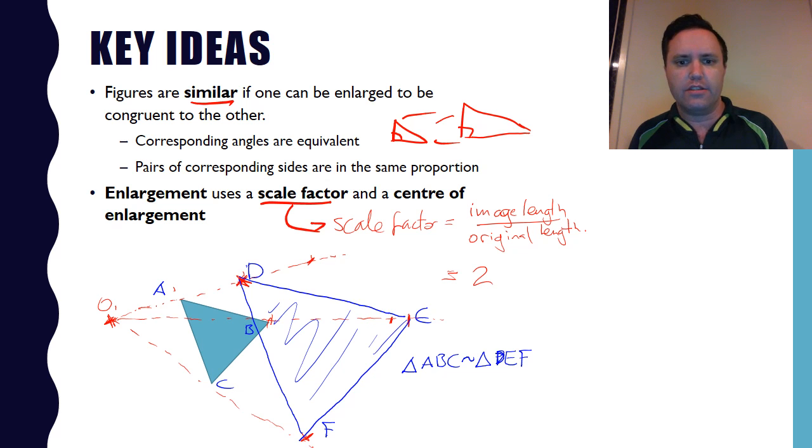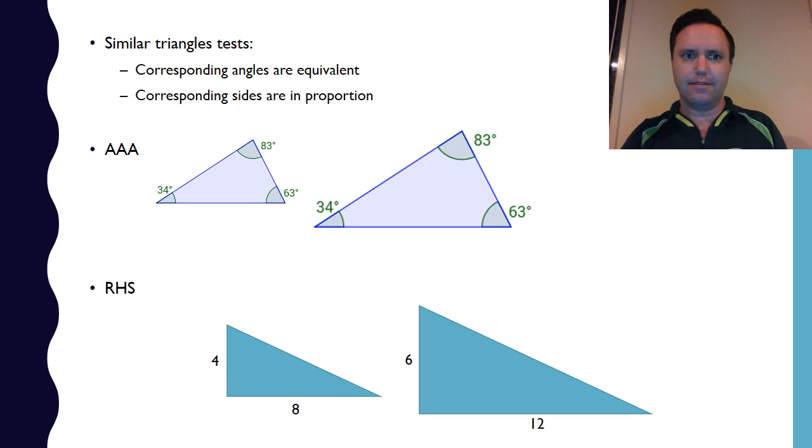They're written in a way so that, see how AB was the same as length DE. So we try and write it like that, with those corresponding sides in the order as you go through.